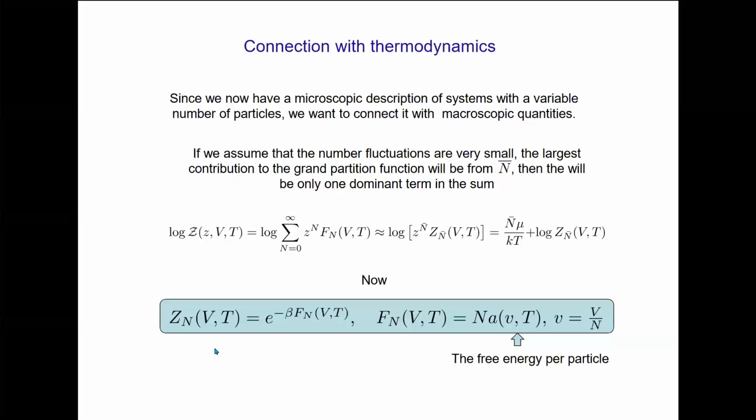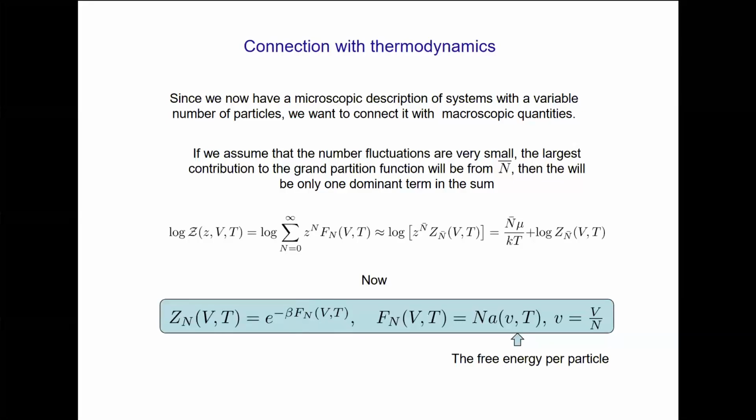Now remember that when we studied the canonical partition function, we found that it is exponential of minus beta times the free energy of the system, F_N(V,T), at a fixed number of particles. Now, we expect that the free energy of this system should be an extensive quantity.